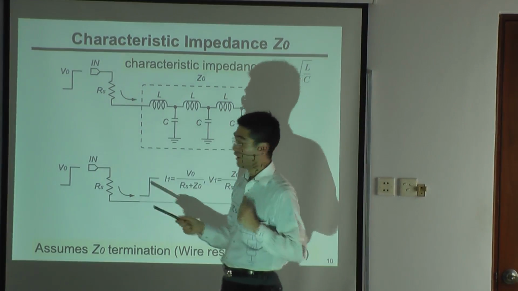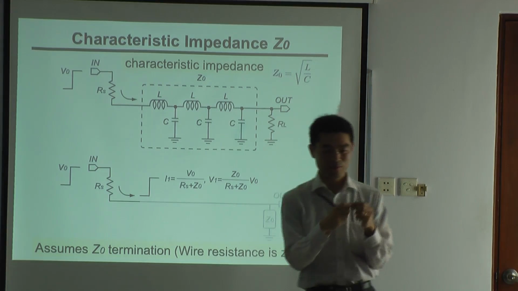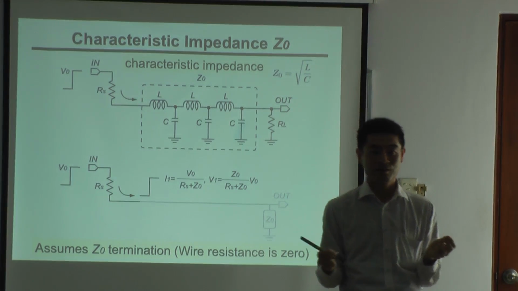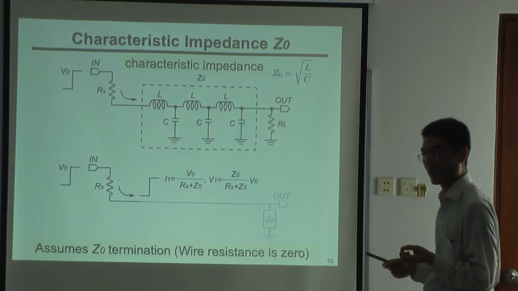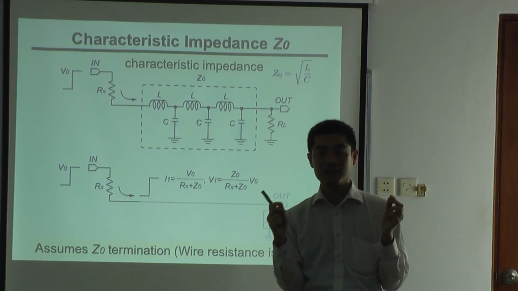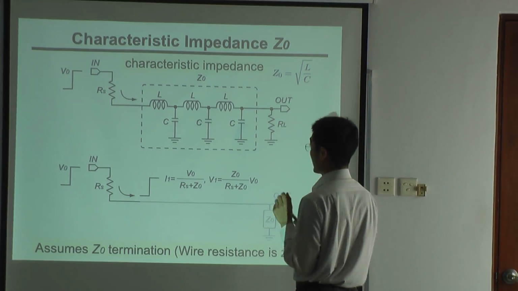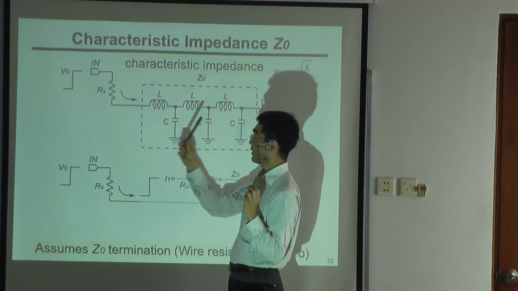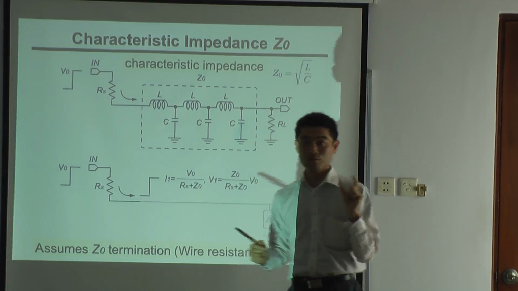And usually the wire, as I told you, always comes with inductance, capacitance, and resistance. So let's assume the DC impedance is 0. That means the resistance is 0. So there is inductance and capacitance, and here we ignore resistance.